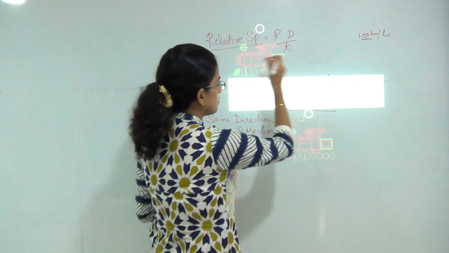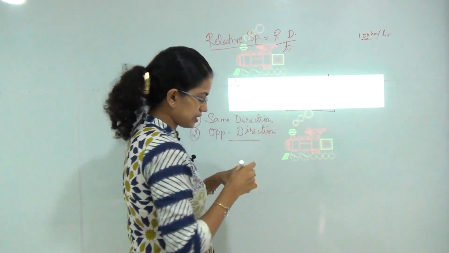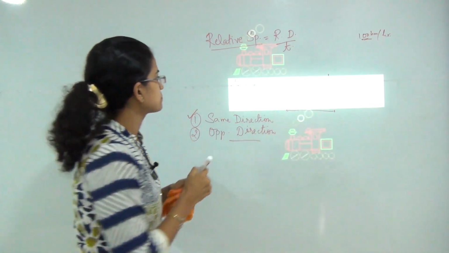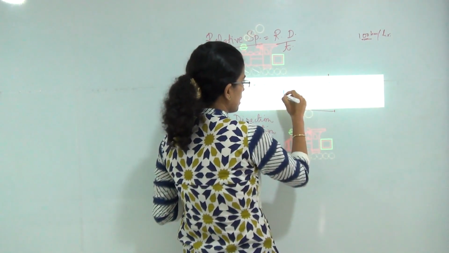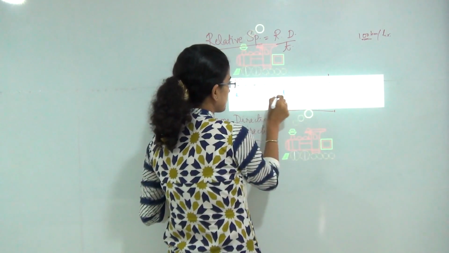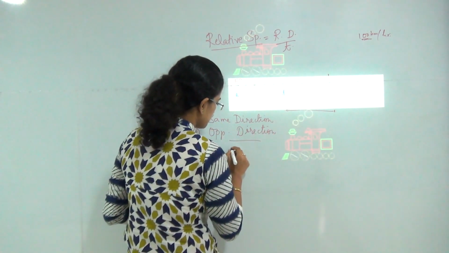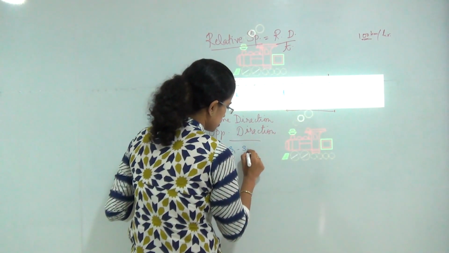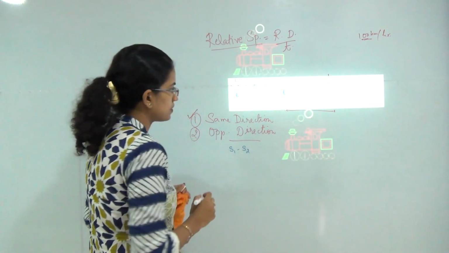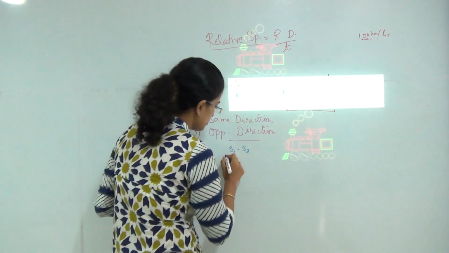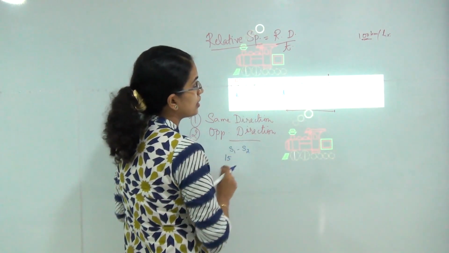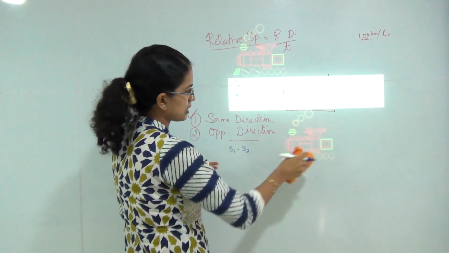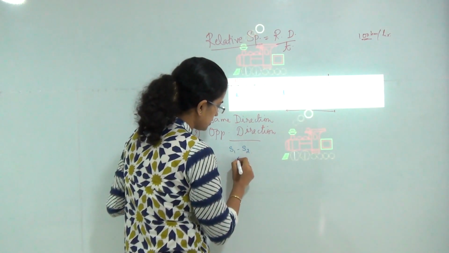Now since both of the trains are going in the same direction, you can see the difference here. This train is at a point of 150 and this train is at the mark of 100. So I can say that the relative speed is S1 minus S2, the speed of the first train minus the speed of the second train. The speed of the first train here would be 100 and the speed of the second train is 50, so the difference is 50.